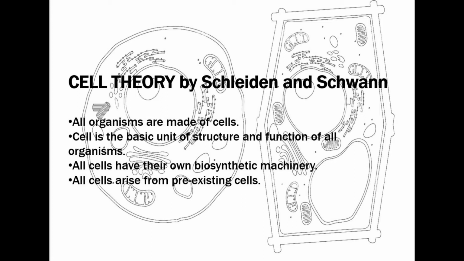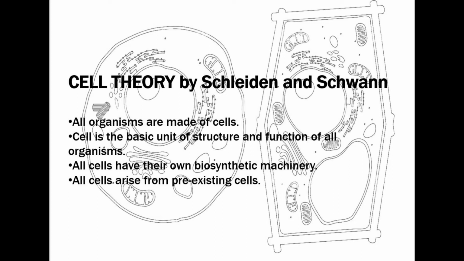What are those? All organisms are made of cells. All the living organisms which you are seeing on this planet are made of cells. Second, the cell is the basic unit of structure and function of all organisms.